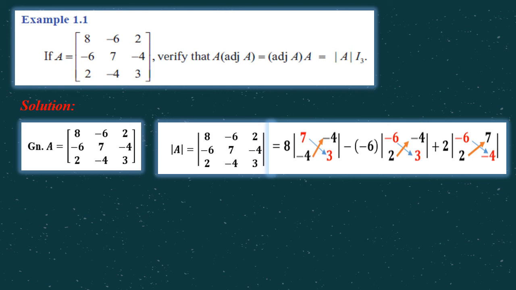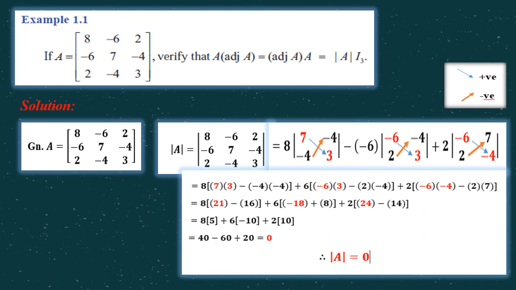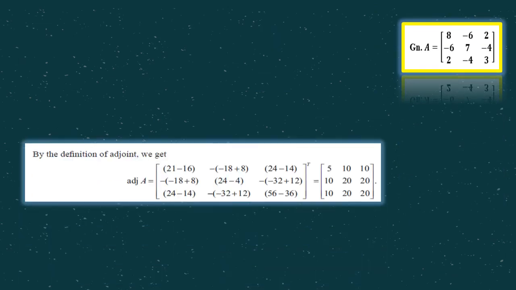So 8 into, how are you multiplying? When we delete the first row and the first column, the corresponding row and column give a minor, 7 minus 4, minus 4, 3. And how do we get this determinant value? See the blue arrow, we multiply 7 into 3 and subtract the product along the red arrow. So you get these values. You know how to get the determinant A. Please practice it.